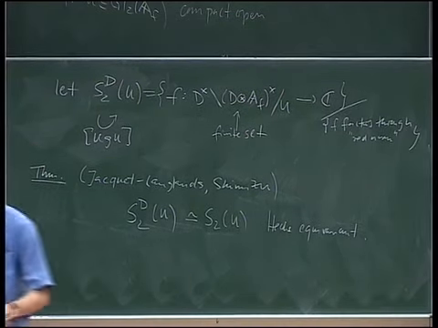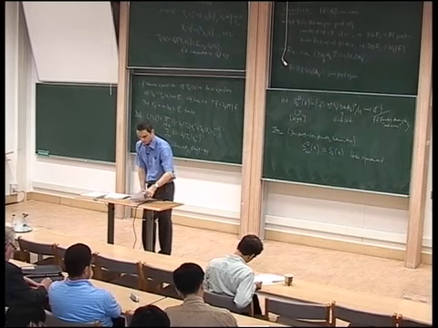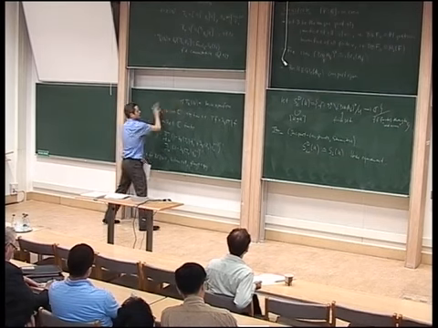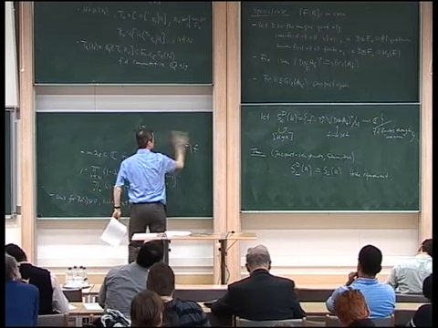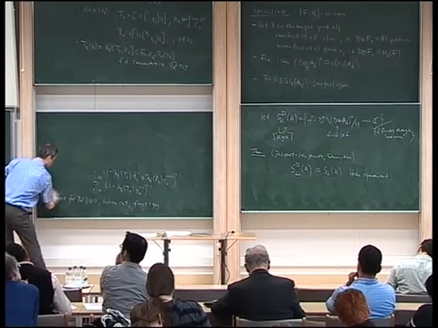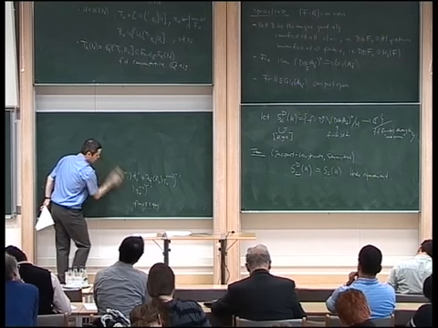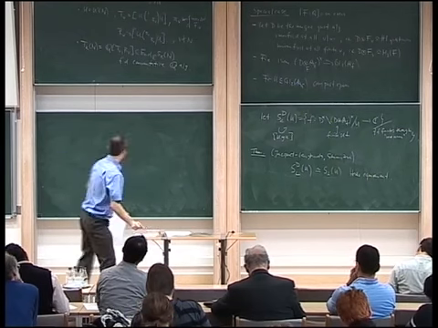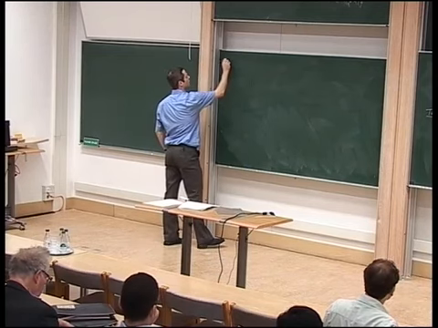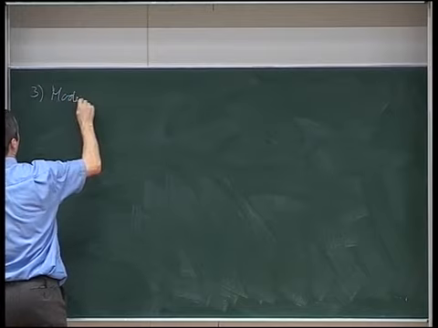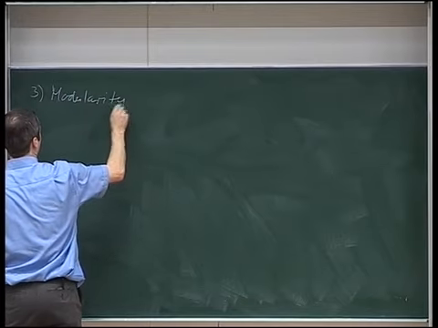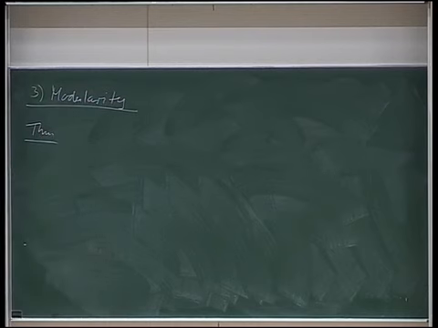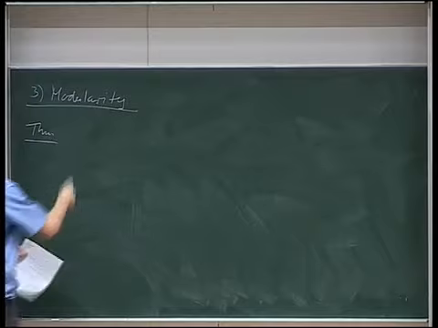Okay, so this concludes the second part, which leaves me now maybe 10 minutes to talk about modularity. So how are these topics related? They're related by a very big theorem due to many, many people.